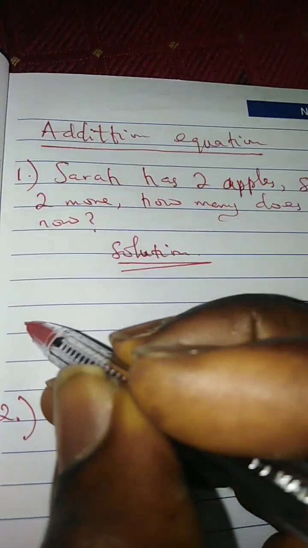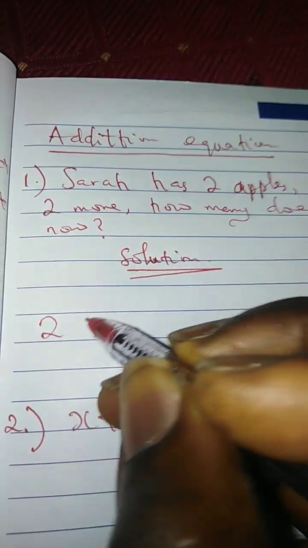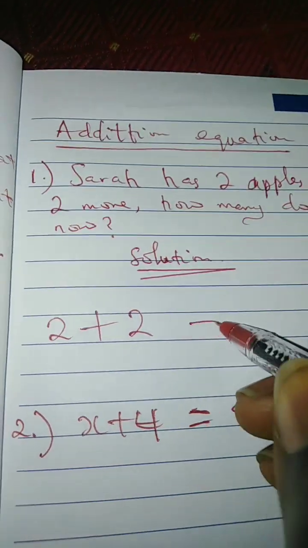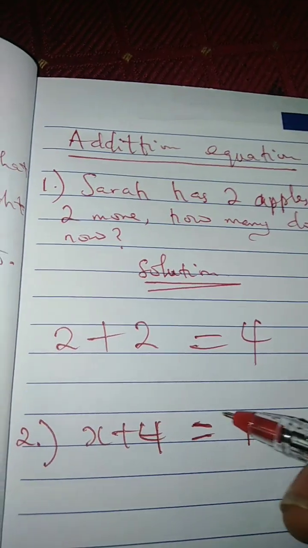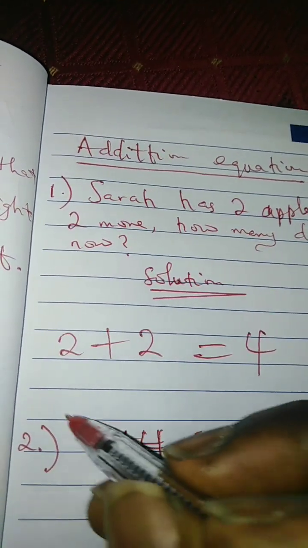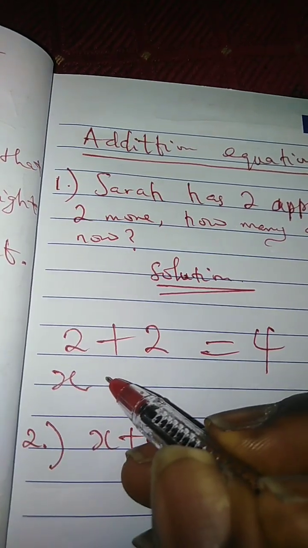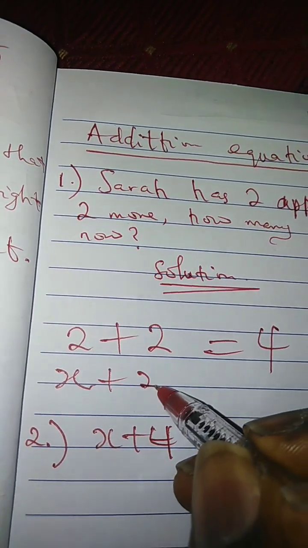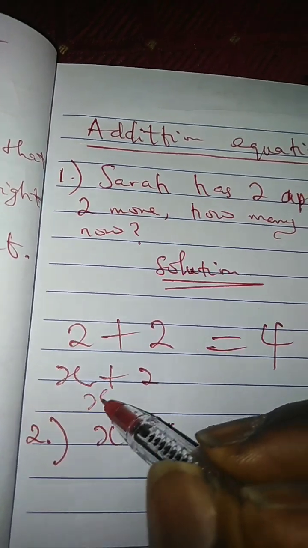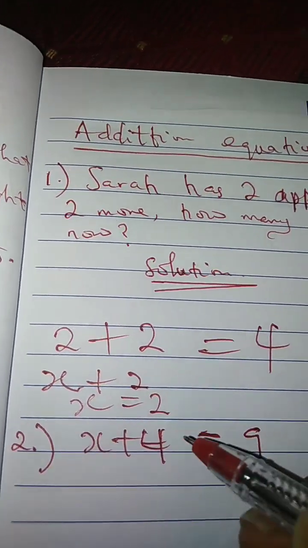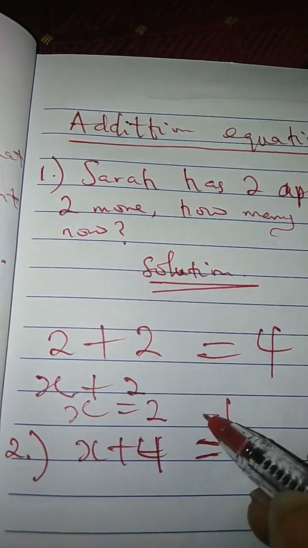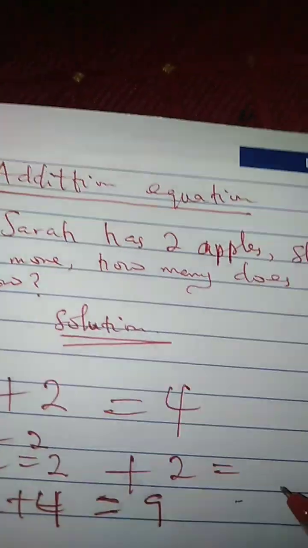That will give us 2 plus 2. That will give us 4. So we can represent the apple as x plus 2. The x we know is already 2, which was the original value given to us, plus the other 2. That will give us 4.